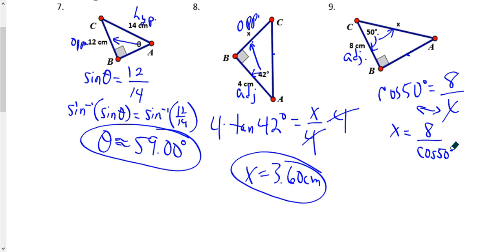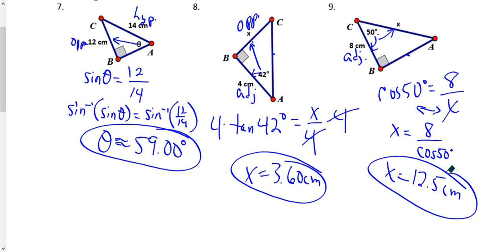Why would you drop the cosine? The whole thing. That's division, so it's 8 divided by cosine of 50. X equals 12.45 centimeters.